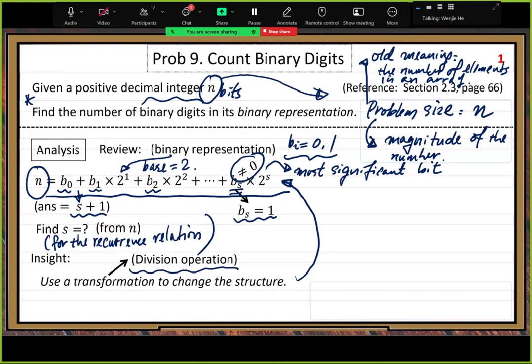Division by 2. So what division? Division by 2, but here we do integer division. Only keep the integer part. Integer division.